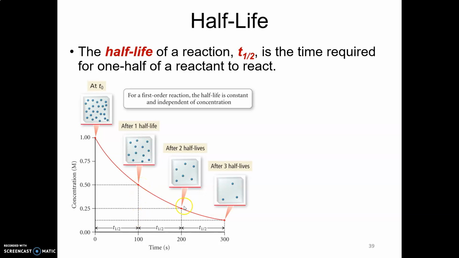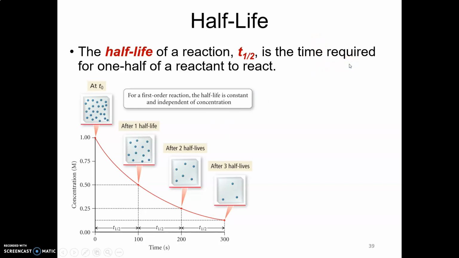It would take 100 more seconds to get to half of that, which would be 0.25. A third half-life would be half of 0.25, which is 0.125, at 300 seconds. And for a first order reaction, half-life is constant and independent of concentration, and I'll show you that on the next slide.